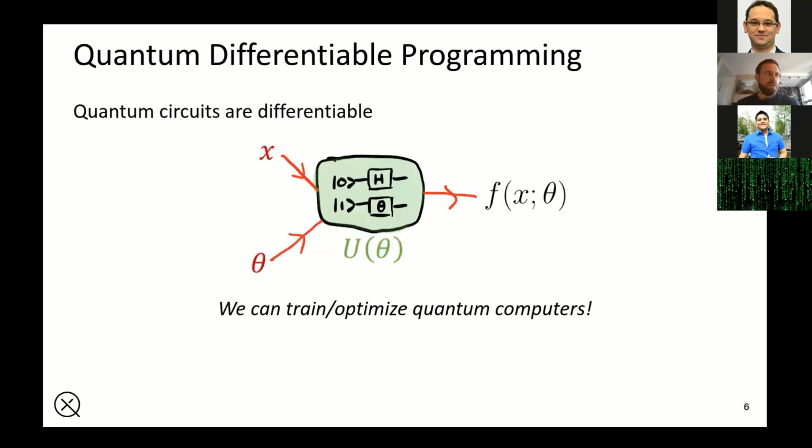Once we have a look at how differentiable programming and quantum circuits could be used hand in hand, we can go to the idea of quantum differentiable programming. The idea here is that we could define a certain f function that takes an input feature vector x that is going to be classical data that are non-trainable, as well as a trainable vector of gate parameters theta.